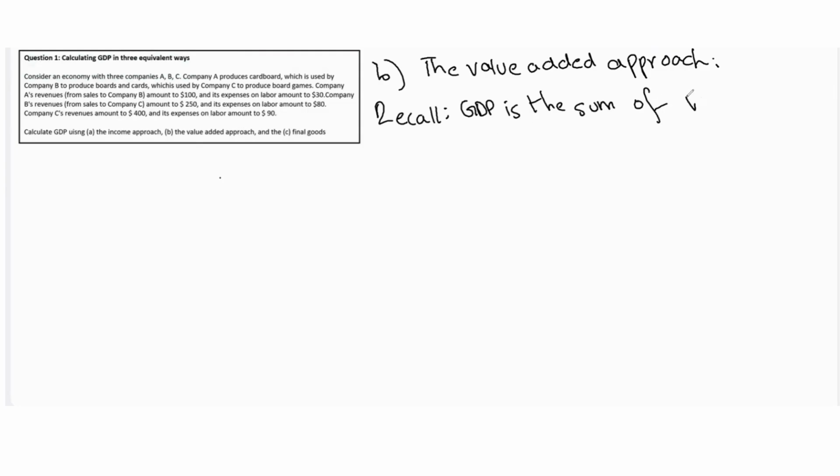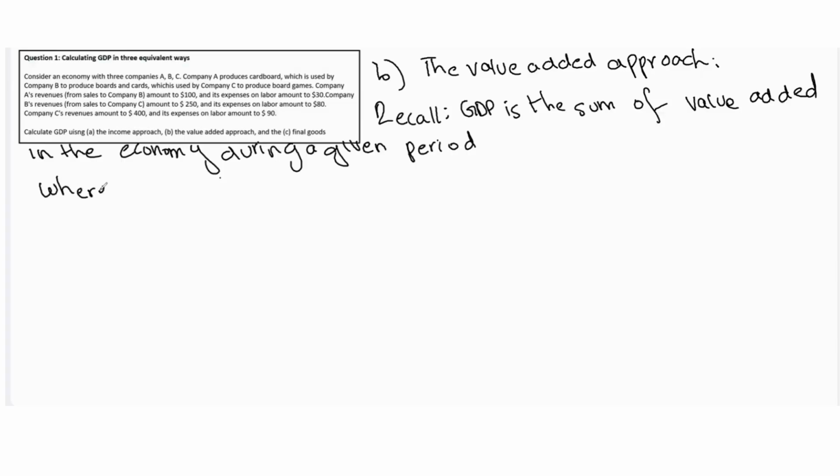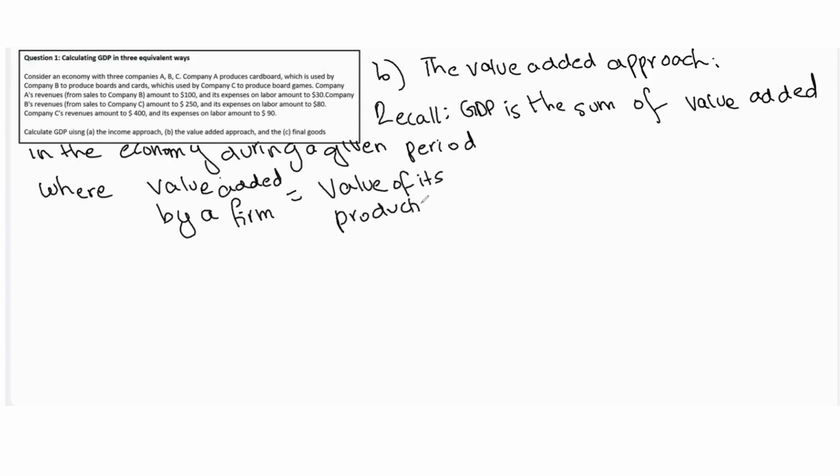of value added in the economy during a given period, where value added by a firm is the value of its production, which is the sales revenue, minus the value of intermediate goods used in production.